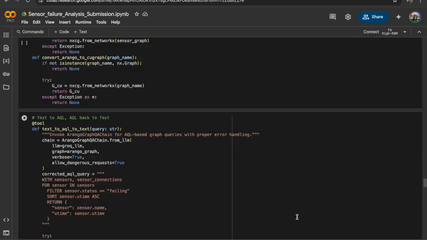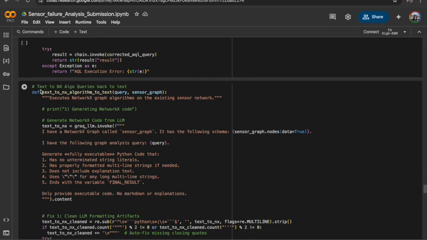To make this system more interactive, I built an agentic application that allows user to query sensor data in plain English. This is achieved by Gemini and Groq LLM, ArangoGraph QA chain to generate AQL queries dynamically, cuGraph and NetworkX to analyze the graph relationship. So here we are using text to AQL and then AQL back to text using Groq LLM.